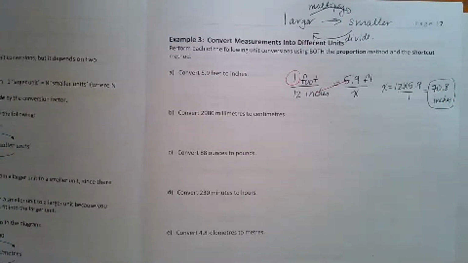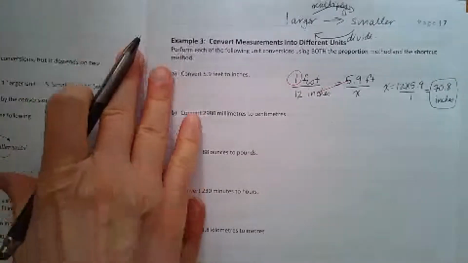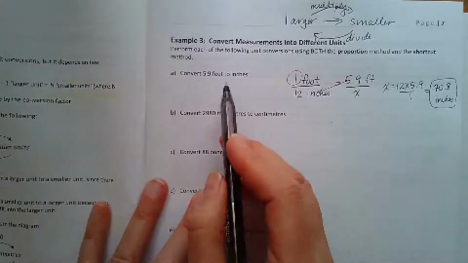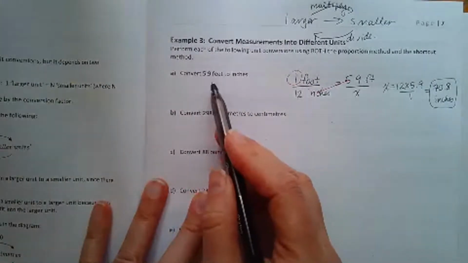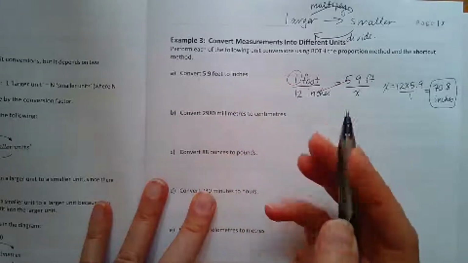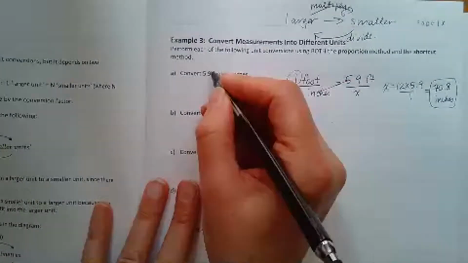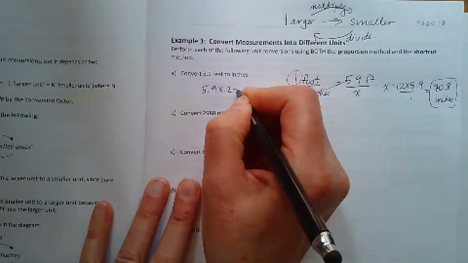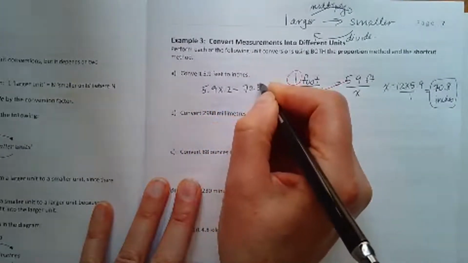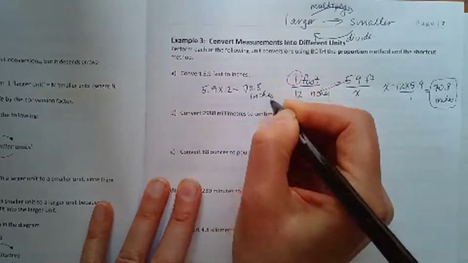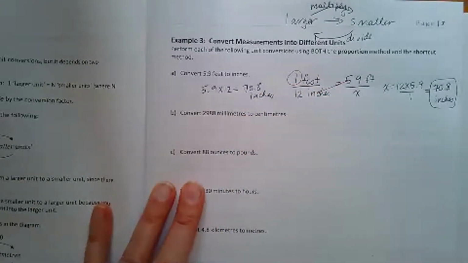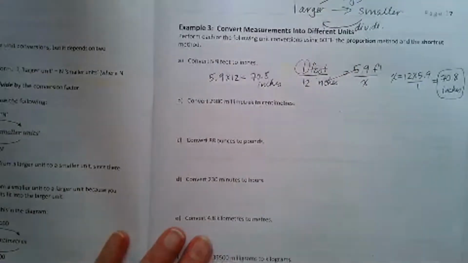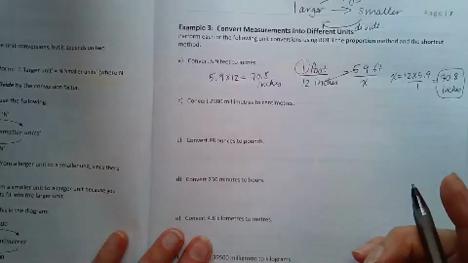Okay, if I use the quick way, the larger unit is feet, right? So I'm going from feet to inches, so it's in the proper form. So I'm going to multiply by 12. It's just 5.9 times 12. And again, that gives me 70.8 inches. That seems pretty foolproof. But the cross multiply gives you a method where it's a little clearer to see your steps, I think.